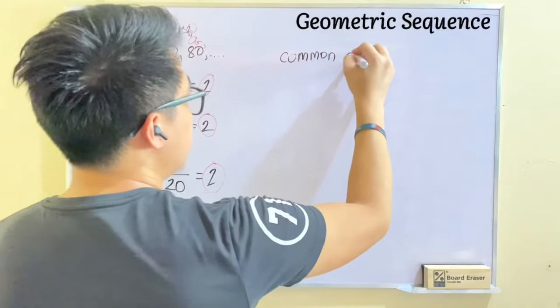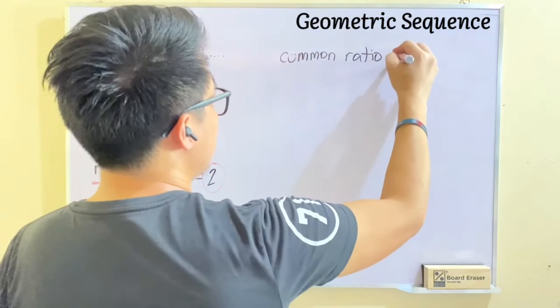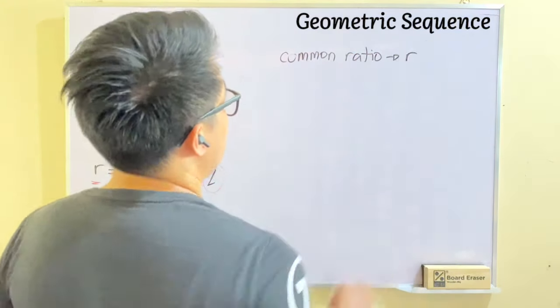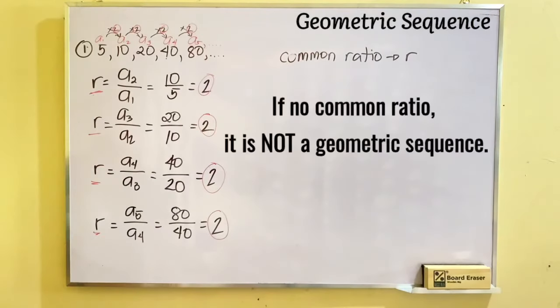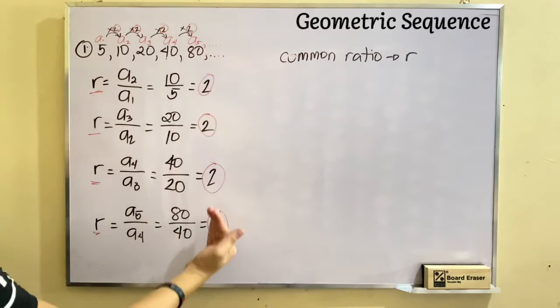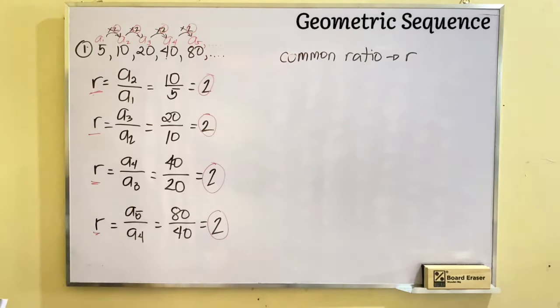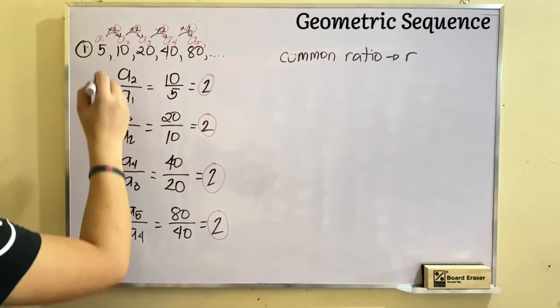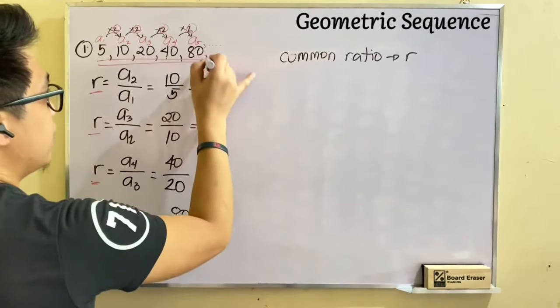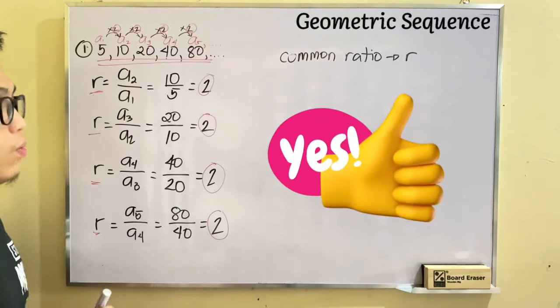Ang common ratio, kadalasan is sinusulat as abbreviation letter r. Kung wala siyang common ratio, therefore, hindi siya geometric sequence. So dahil dito, meron tayong common ratio, which is 2. So matatawag natin na itong given sequence is a geometric sequence.